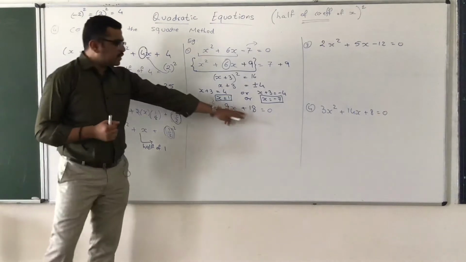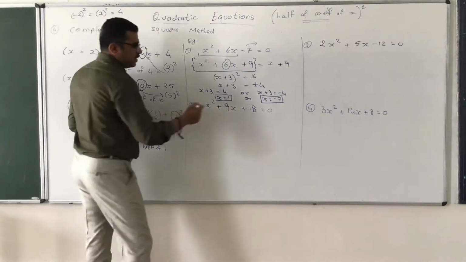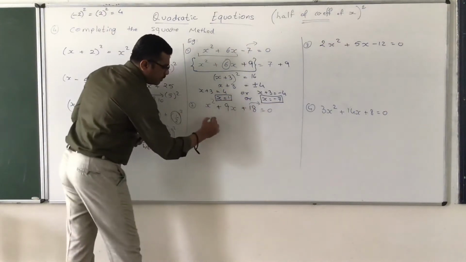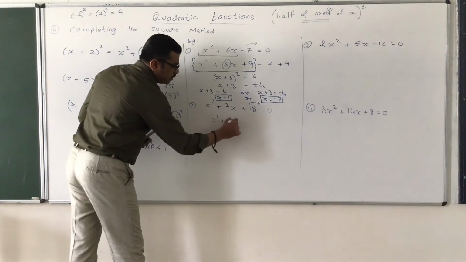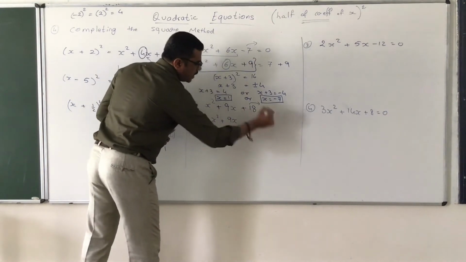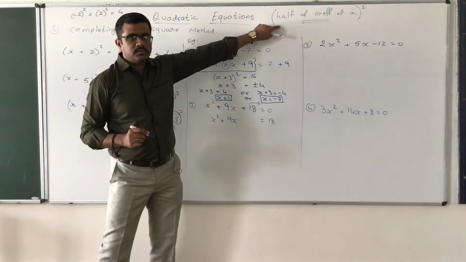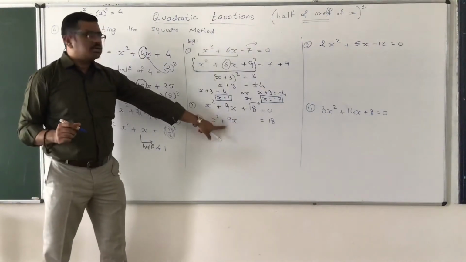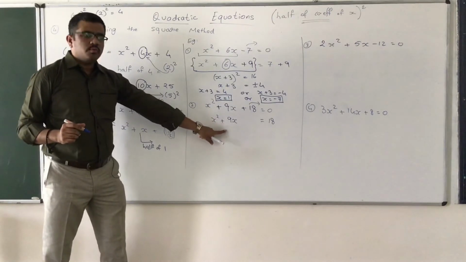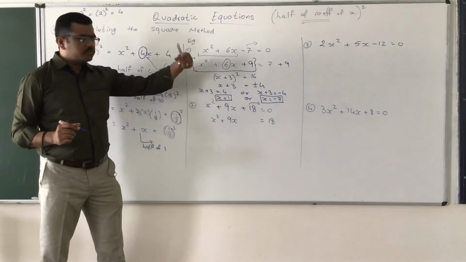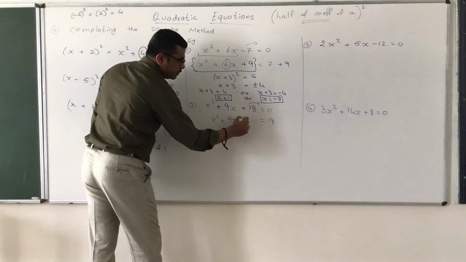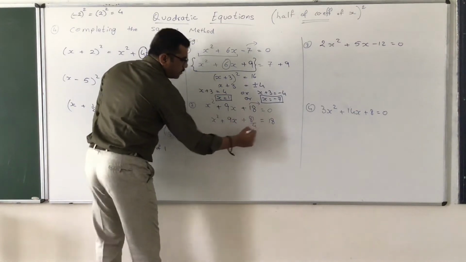Always transpose the constant term on the other side. So we have x squared plus 9x equals 18. And then use this. Half of the coefficient of x, that is 9 by 2, and square of it, so that is 81 by 4.